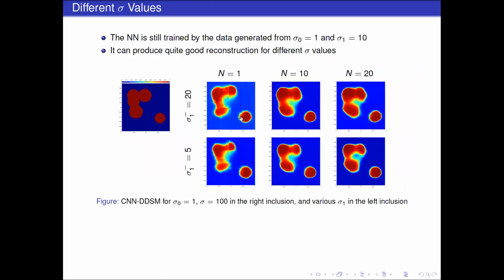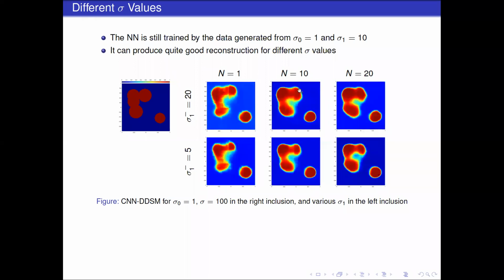Okay, so this case is very interesting because we found it by accident. When we generate the training data, we fix the conductivity value to be 1 for the background medium and 10 for the inclusion medium.